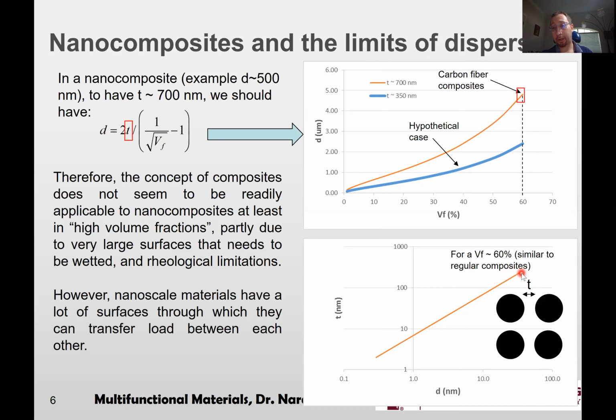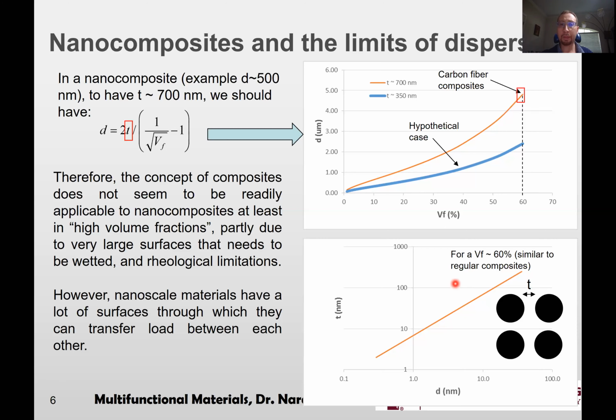In the case of microfibers, it's calibrated at 750 nanometers. But when I go to nanofibers, this gets much, much smaller, and T becomes so small that it's really not manageable.